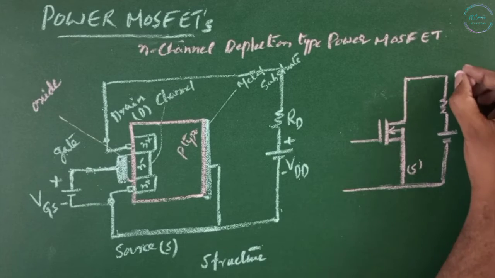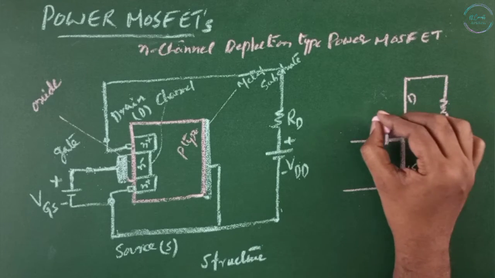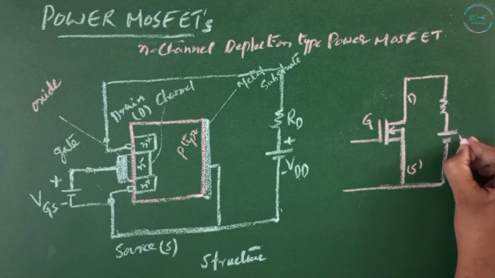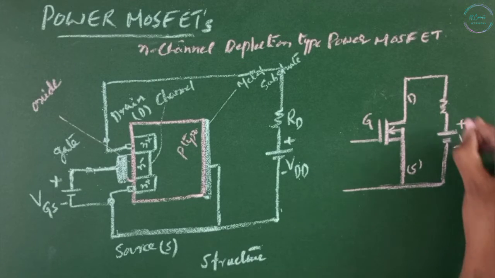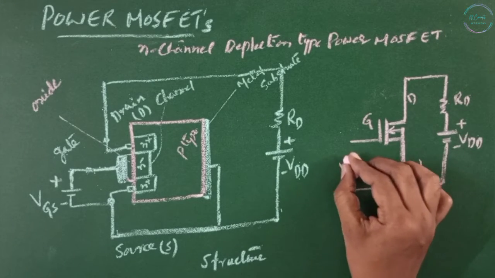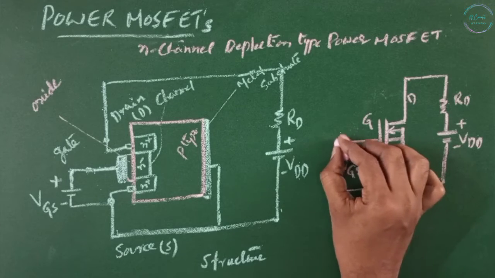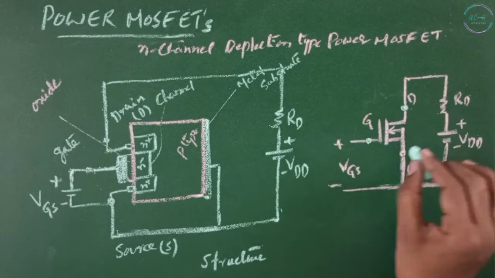Source, drain, this is the gate, VDD plus or minus, RD, and this is VGS plus or minus symbol.